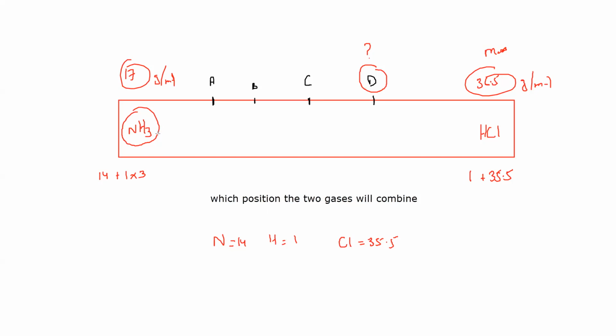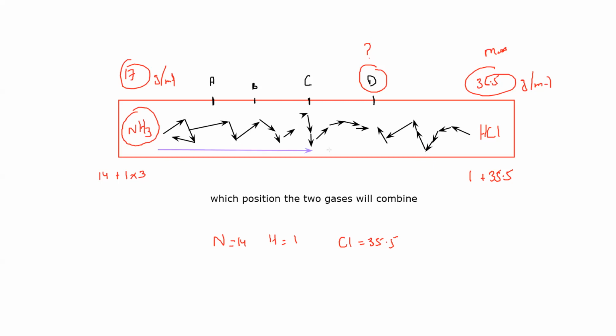As NH3 is lighter, it will diffuse or move faster. HCl is a heavy gas, so it will move slower. So NH3 will cover a greater distance as it is lighter, and HCl will cover a short distance because it is heavy and moves slower. So the likely position where the two gases will join will be D.